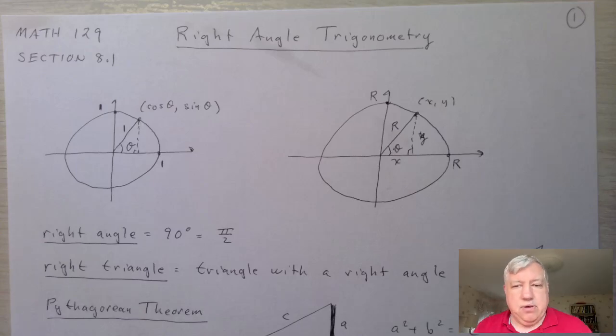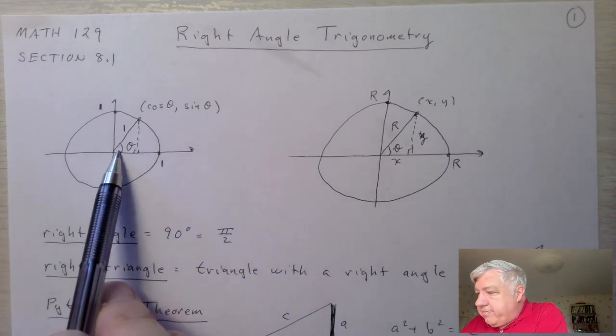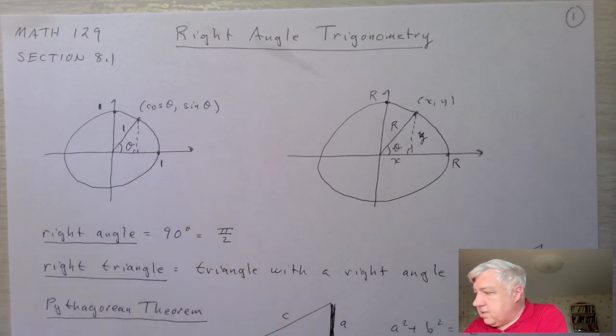Because we know from basic geometry that the sum of all three angles of a triangle has to be 180 degrees. So the angles here would be 90 degrees, theta, and this would be 90 minus theta.